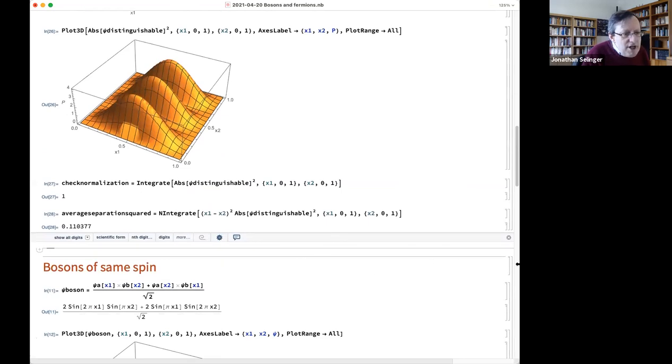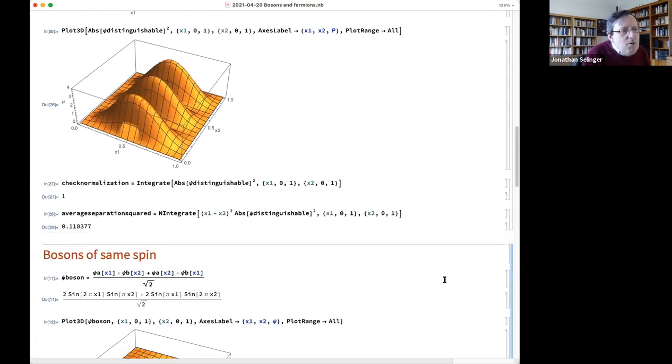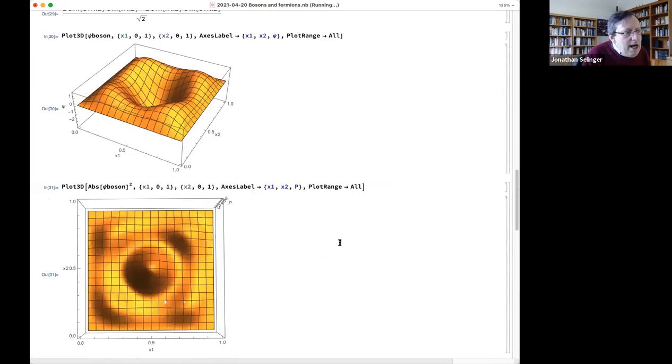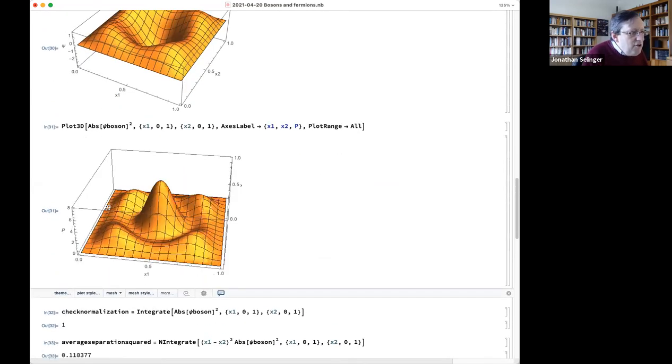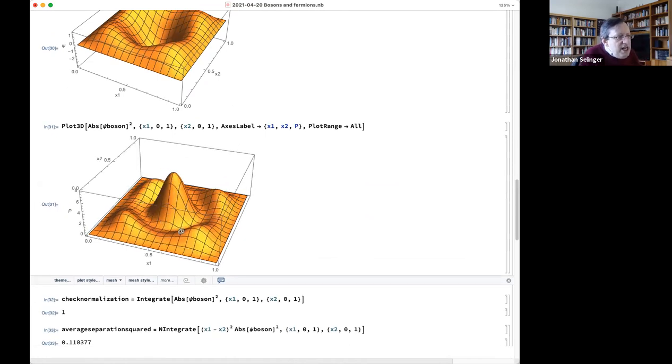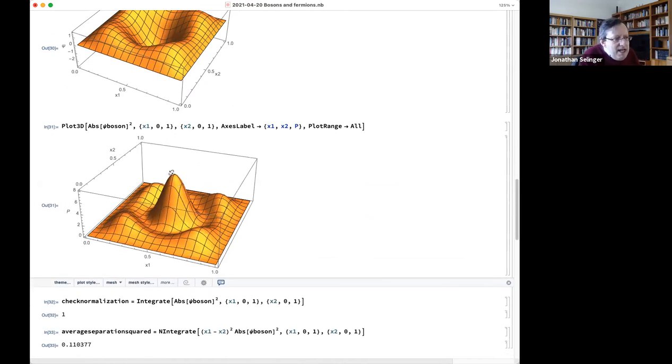How about for bosons? I'll go back to the default angle here. You can see that the main peak is where particles 1 and 2 are both in the middle, so they're close to each other.